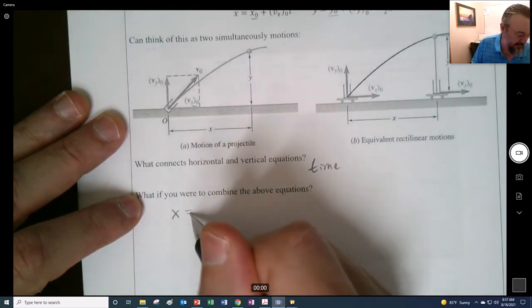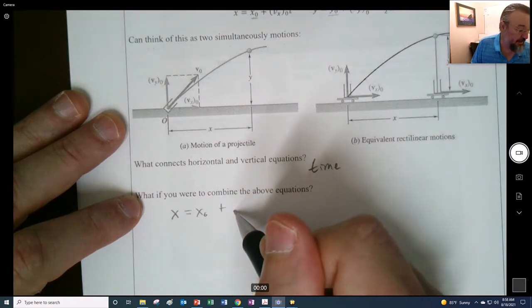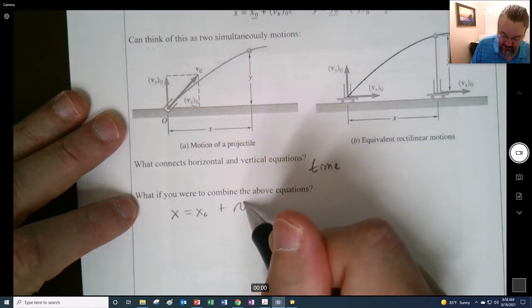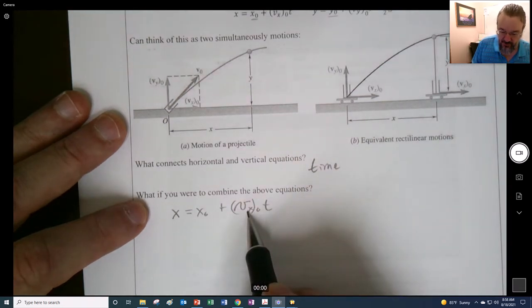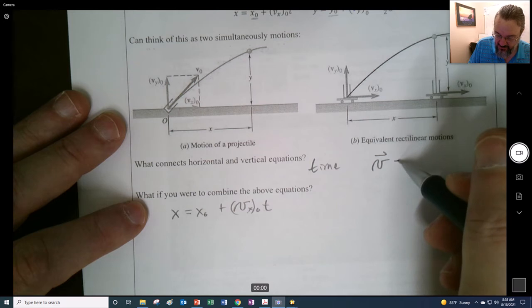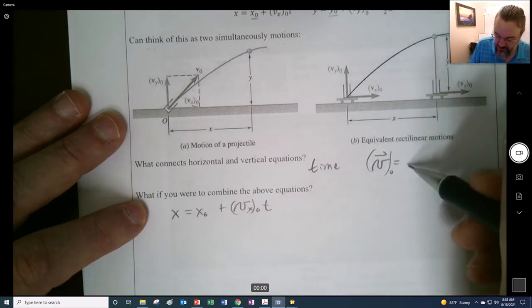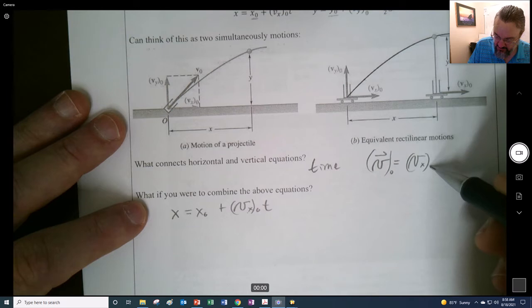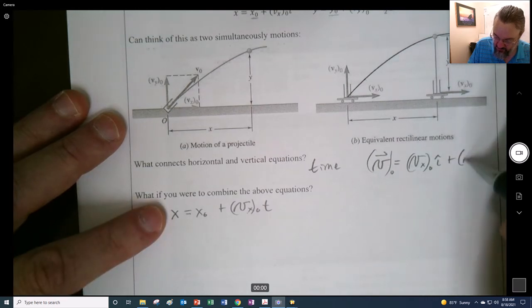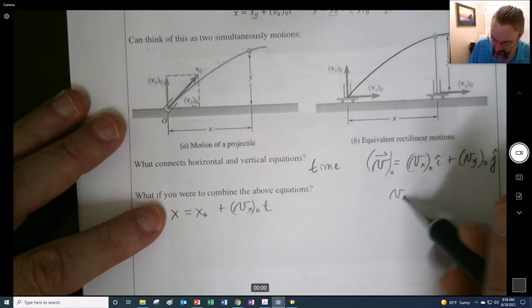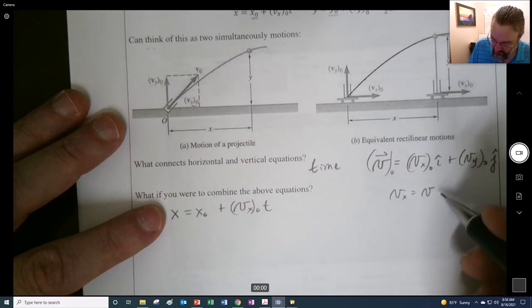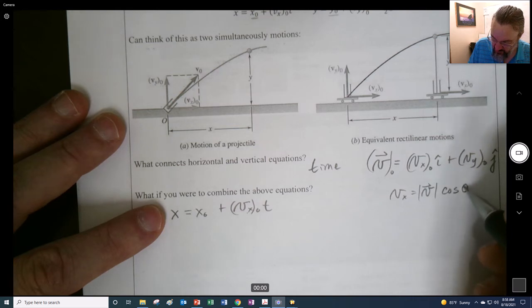So x is equal to x naught plus, and I keep forgetting which I put on the outside, the initial velocity in the x direction times time. Let's say its initial velocity is vx naught i plus vy naught j, where vx is equal to the magnitude of v times the cosine of some angle.